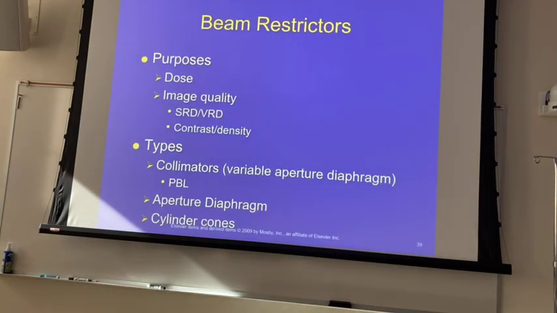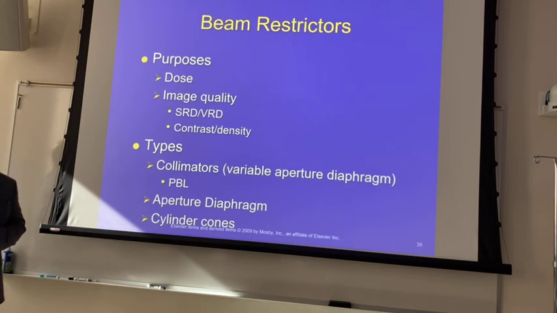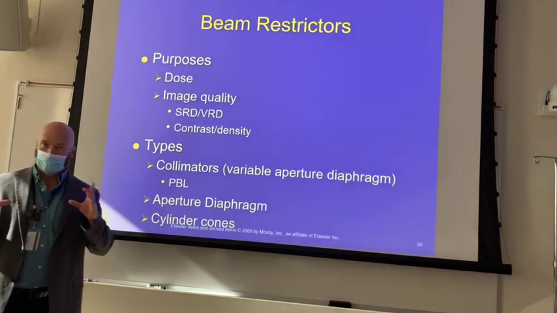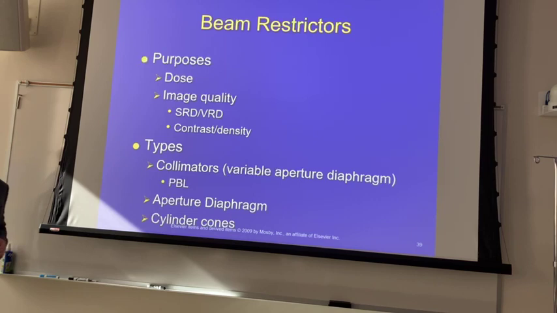All right, so the purpose for beam restriction and collimation, if you remember all the way back to last semester, it was all about dose. The dentist, Rollins, he put lead inside of strips of leather, and he used that in dentistry to reduce patient dose. Instead of blasting the patient's whole head, it was just a small area on the head to reduce patient dose.